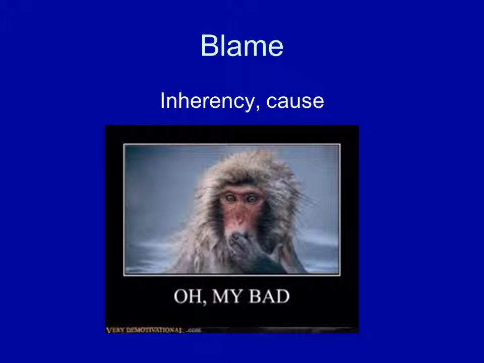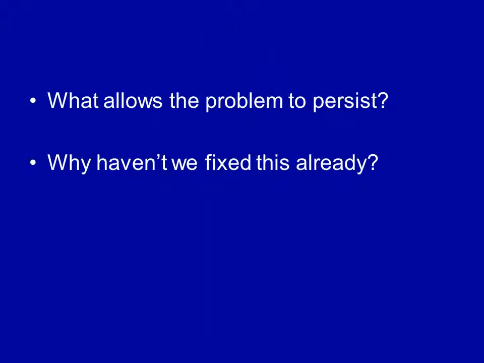So if the ill is about the problem and the significance and how intense or how widespread a problem is, blame asks the question, why does that ill exist? Another way we might phrase the question is what allows the problem to persist and why haven't we fixed this already?